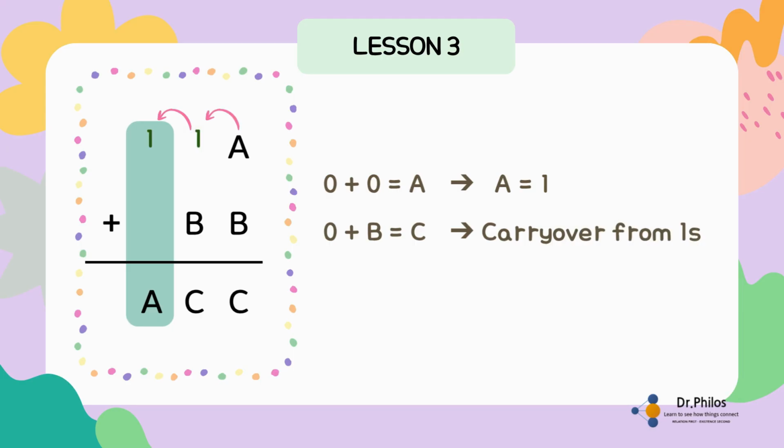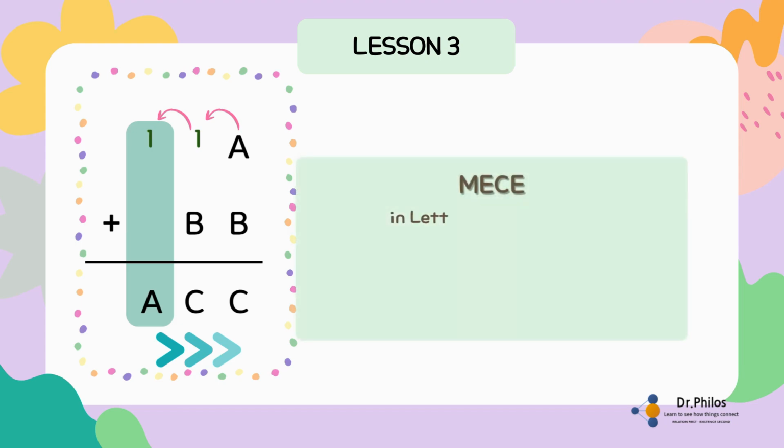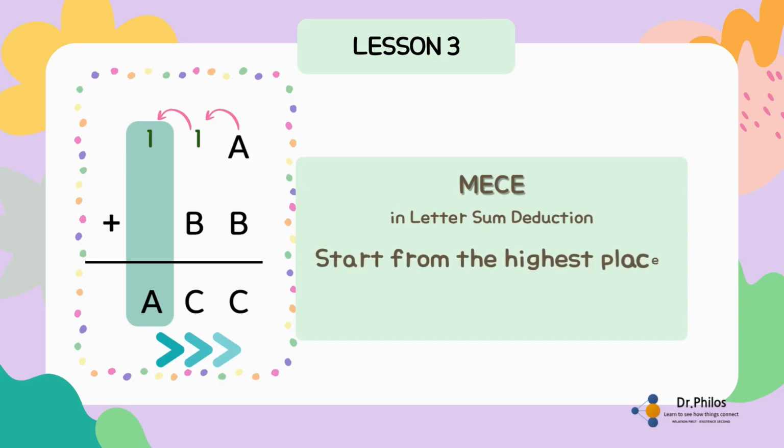Good job! If you observe from the highest place, you can naturally figure out if there is a carryover. That is why we observe in order from the highest place to the lowest place. Can you summarize this principle in one sentence? We start from the highest place and observe each place in order.